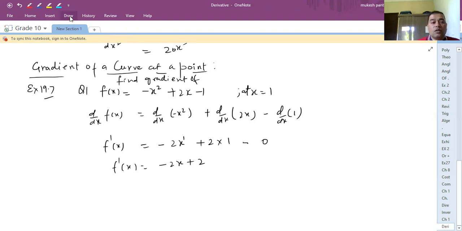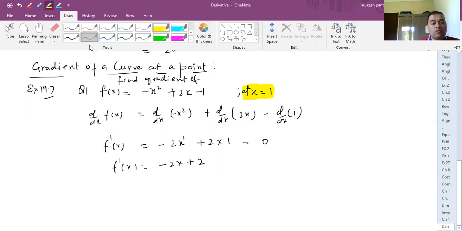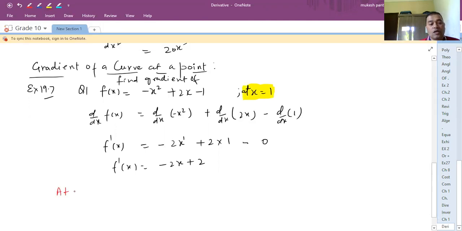Now look at this word. Once you get the first derivative, he is asking you what is the value of the derivative, or gradient function, at x equals 1. So you will write at x equals 1. Now replace x by 1 in f dash: f dash 1 equals minus 2 times 1 plus 2.